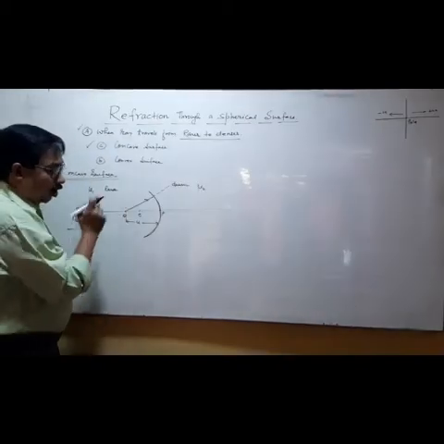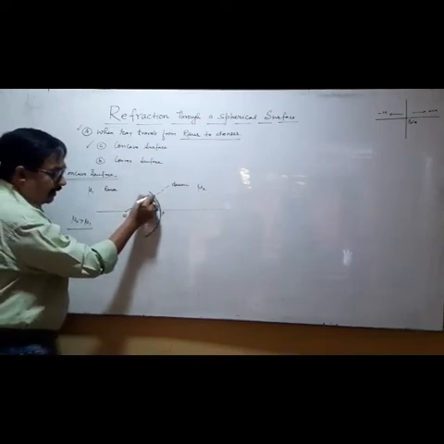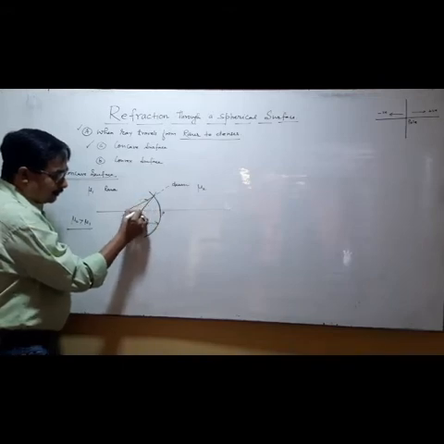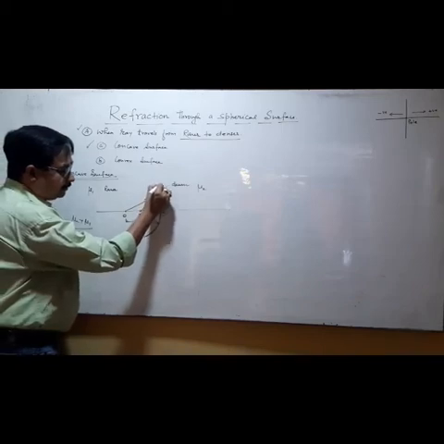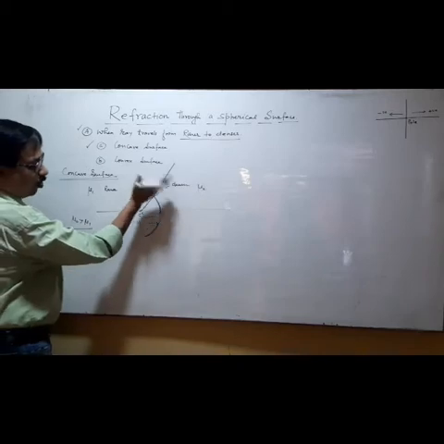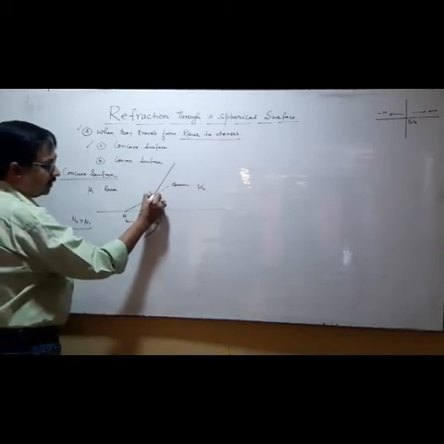So first we draw normal here. And what is normal? Normal means a line passing through the center. So this is the normal. And the ray moves toward the center, toward the normal. So after refraction, the ray goes like this.